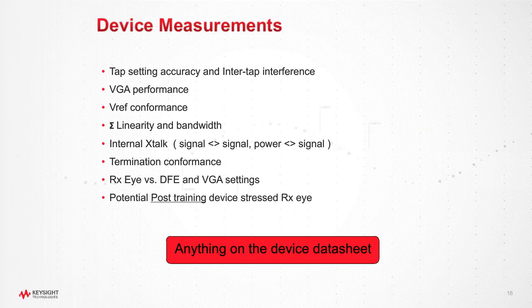So on the device, given that you're going to have this kind of equalization circuitry, it's going to need to exist in both the memory and the support logic. The things that are going to show up on the data sheet are things like: when you set a DFE tap, what does it actually do?